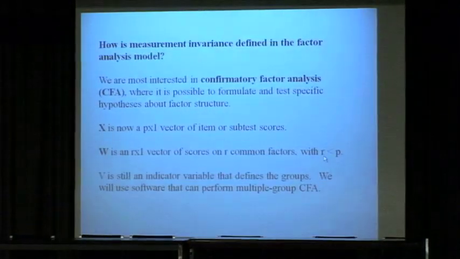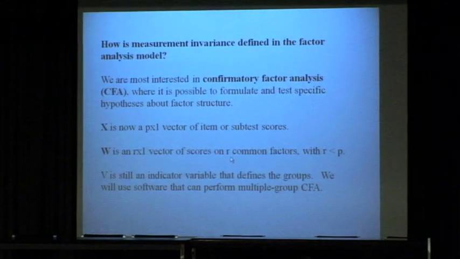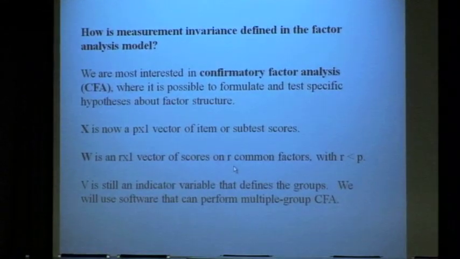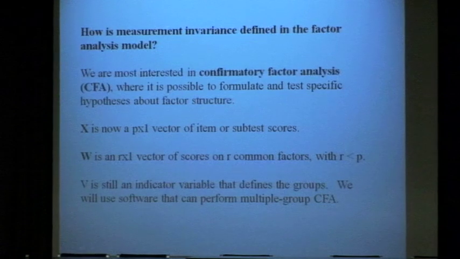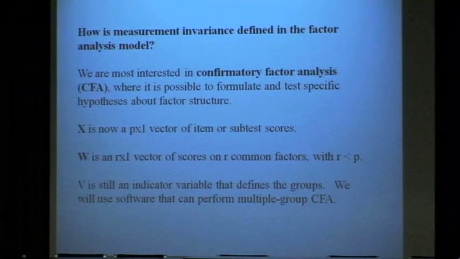We've got P measured variables, R common factors, fewer than P factors here. Maybe there's only one common factor, and that would be the case if your scale, most scales you design to measure one thing, and that would be fine. So R is 1. But you might have a test that has multiple subscales, each of which measures one thing, and maybe you'll analyze them together.